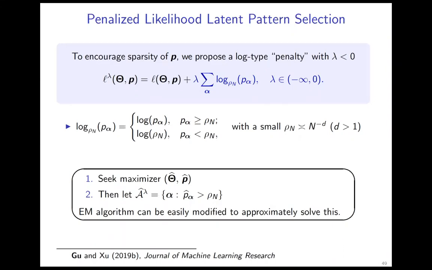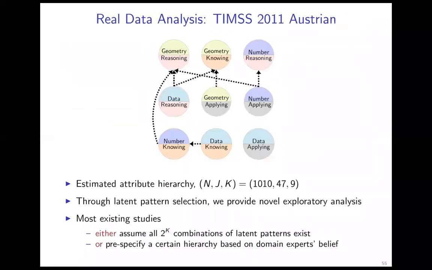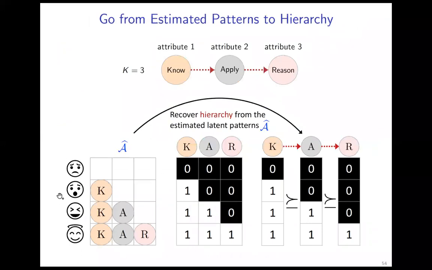So in your penalized likelihood approach, you do not try to constrain your structure to be like a DAG or something for the hierarchy. You're not trying to learn the structure. You're only trying to learn the zeros and non-zeros of P alpha, essentially. Yes. In this approach, we are not directly modeling the edges of the graph, but instead, we aim to estimate the significant patterns, and then go back to examine the edges among the attributes.